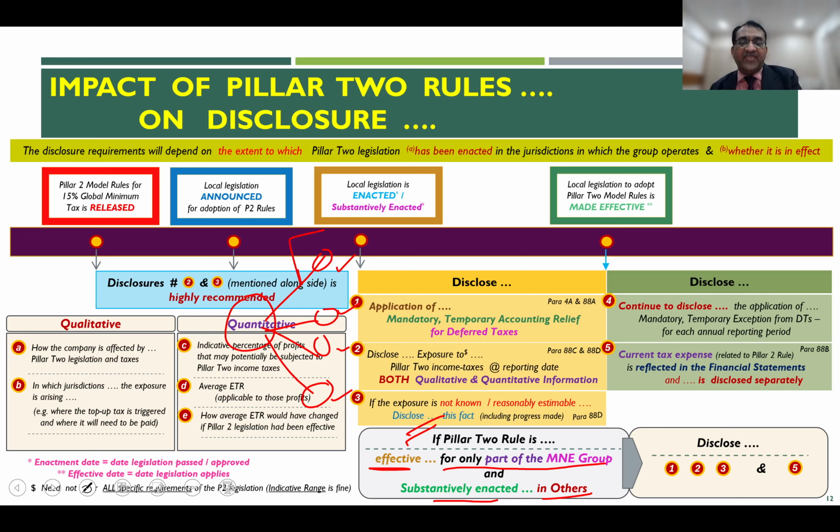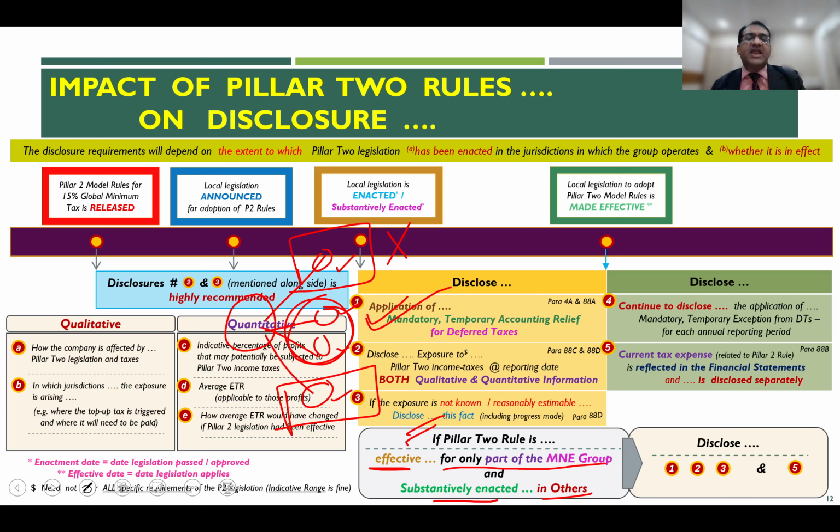It may happen that in this country or jurisdiction, it is neither enacted nor effective. Whereas for these 2 jurisdictions, the Pillar 2 rules are effective. Whereas it is possible that in the 4th entity in the group, it is only substantively enacted, but not effective.